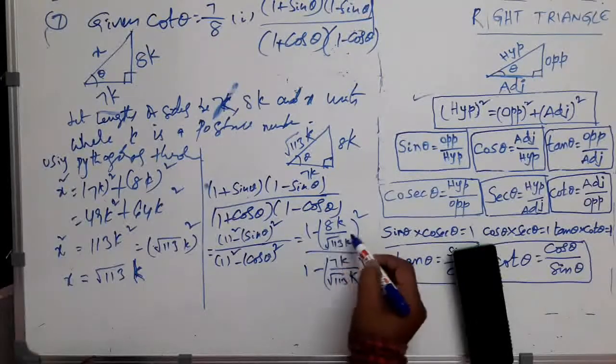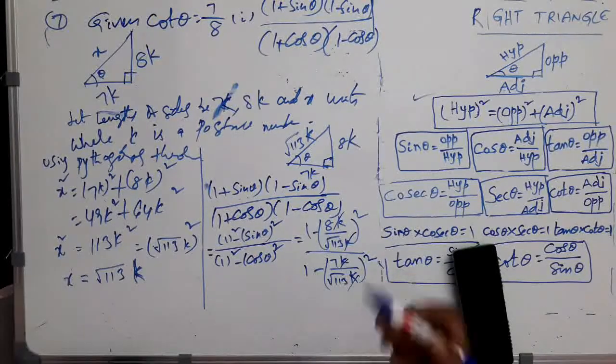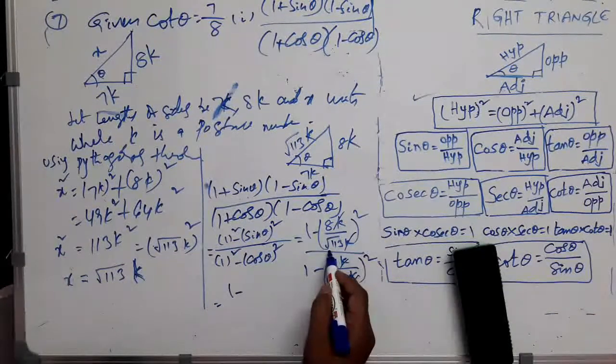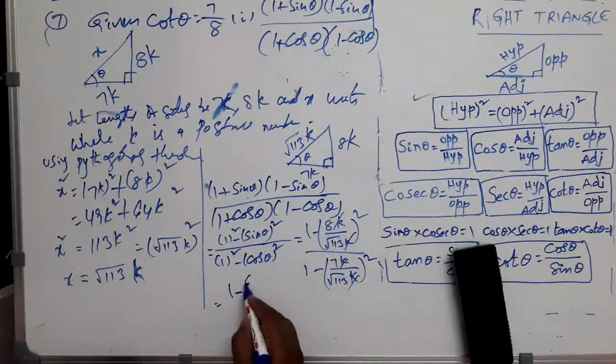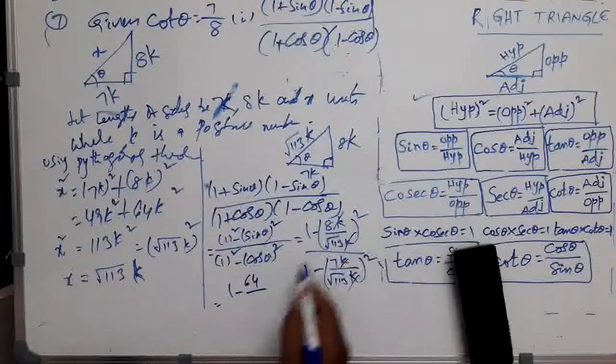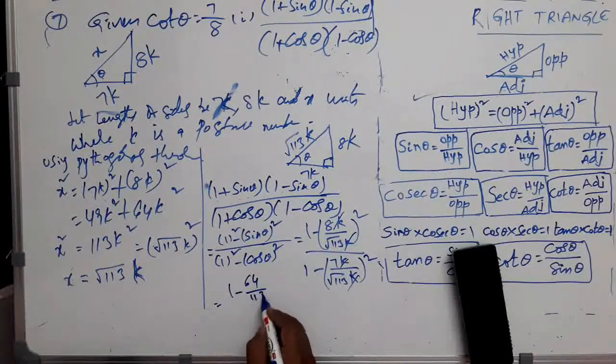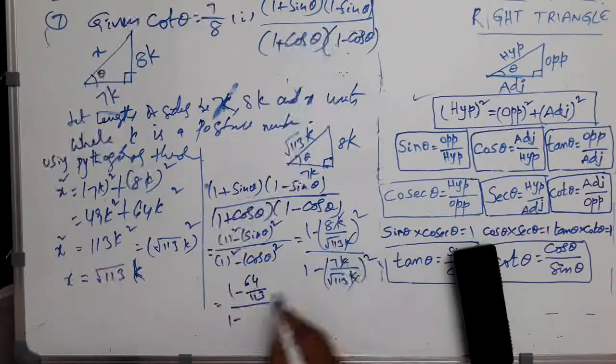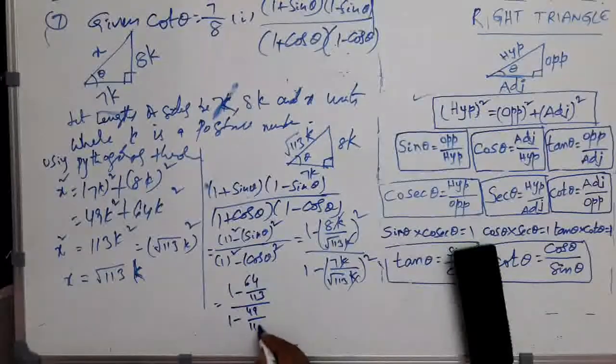Here k gets cancelled, here also k gets cancelled. So what will be remaining? 1 minus 8 square divided by root 113 whole square. What is 8 square? 64, divided by root 113 whole square is 113, right? Divided by, in the same way, 1 minus 7 square divided by root 113 whole square. 7 square is 49, divided by 113.